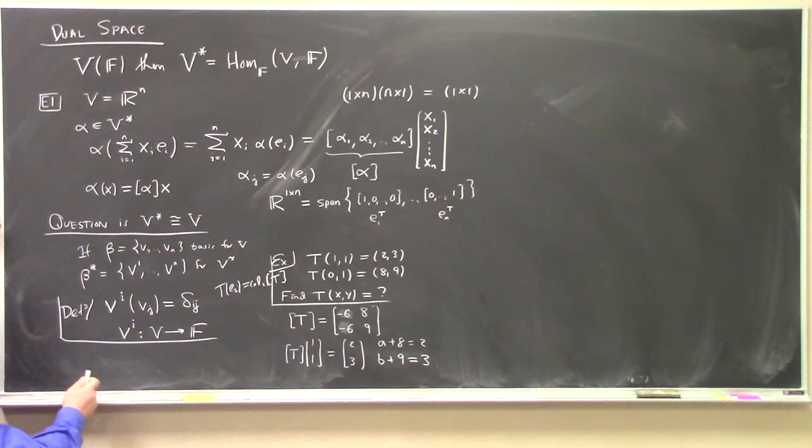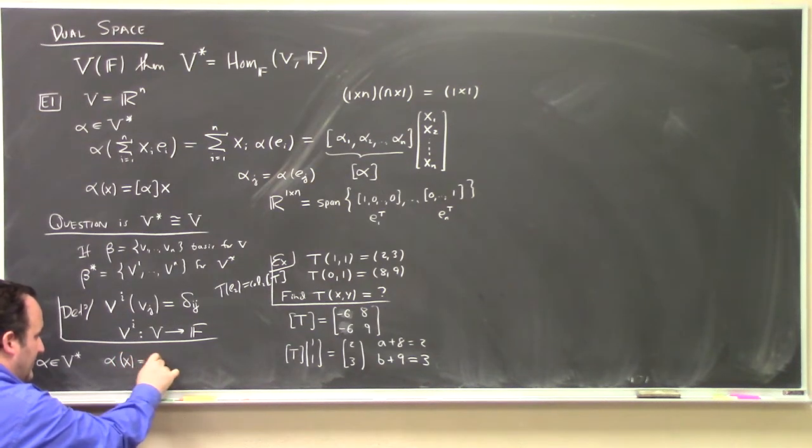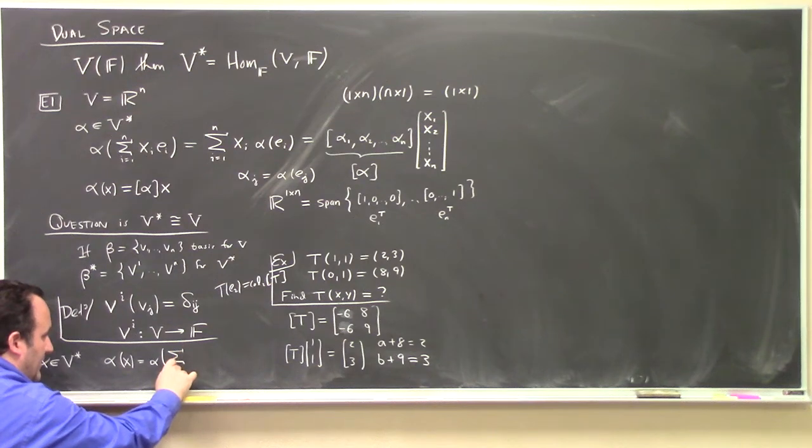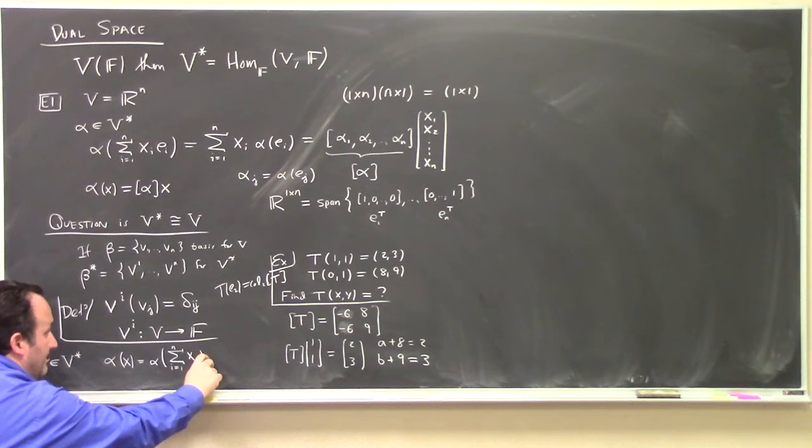So here's why it's a basis. If I have alpha in V dual, and I let alpha act on x, that's alpha acting on the sum i equals 1 to n of x sub i V lower i.